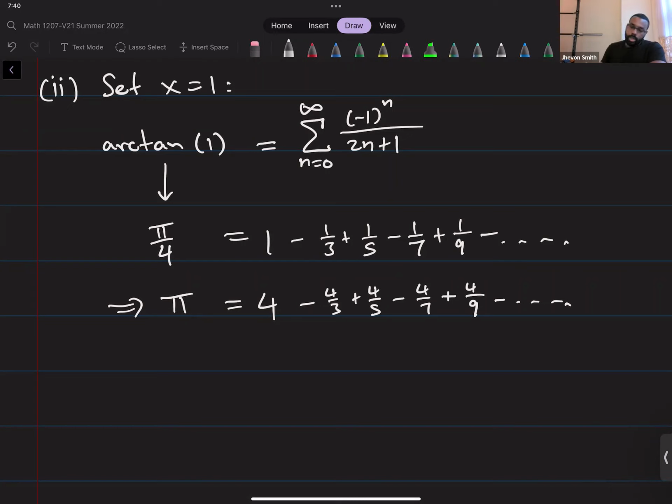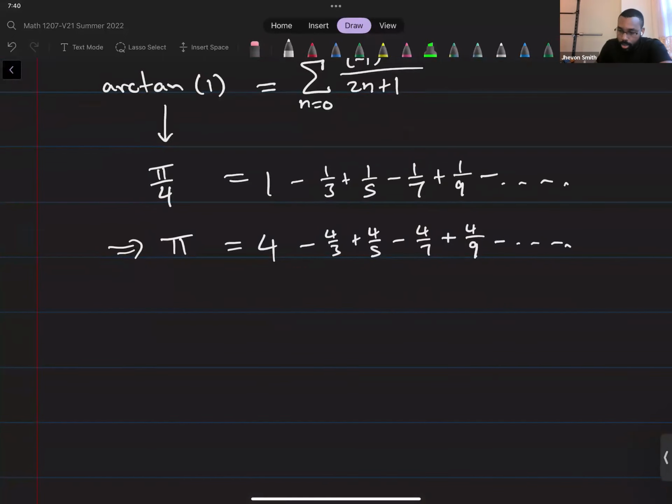In fact, you'd realize that each negative term is always larger than the positive term that follows it. So this tells you that it's 4 minus something. So you can see from this series that pi is going to be 3 point something, right?